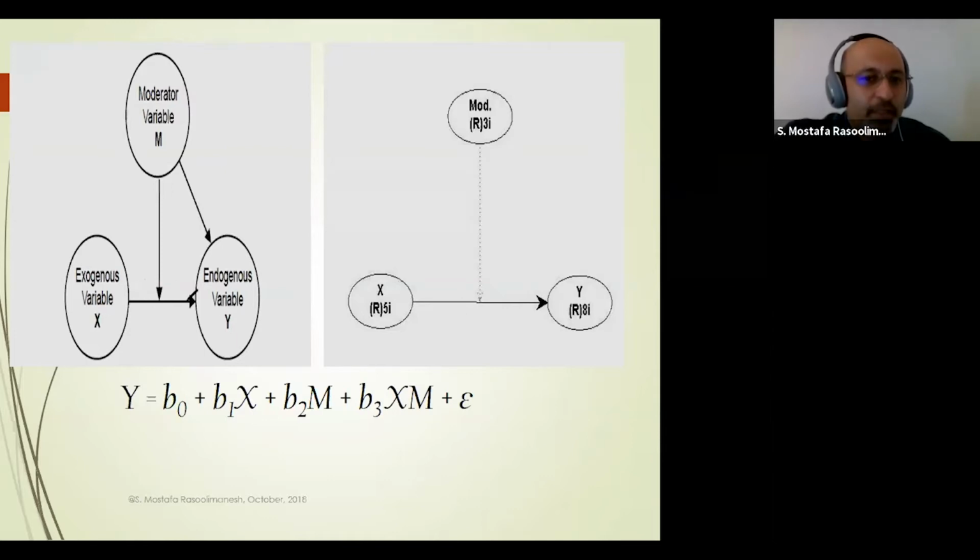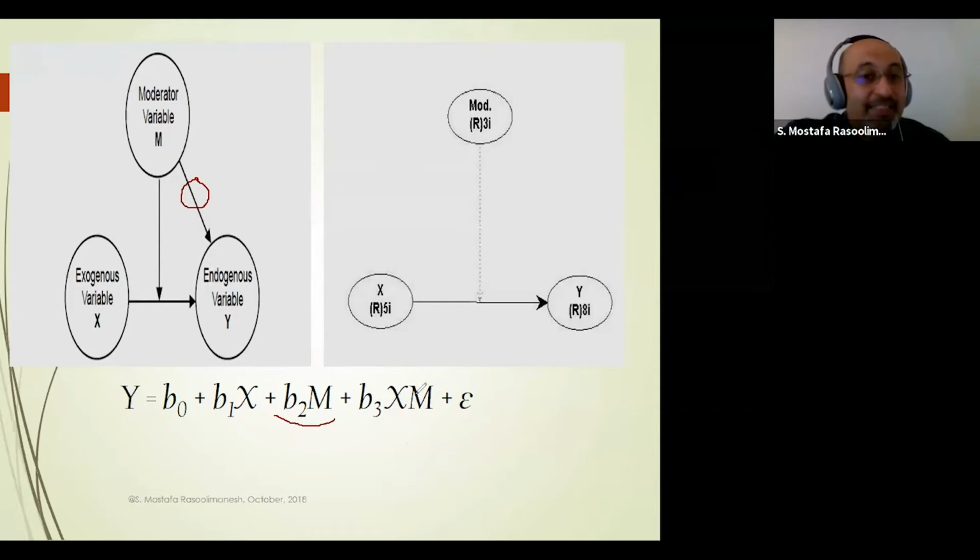This is X to Y, and we add two more relationships to our framework. We add the effect of the moderator on the dependent variable, and also include the effect of this term XM, the interaction term.